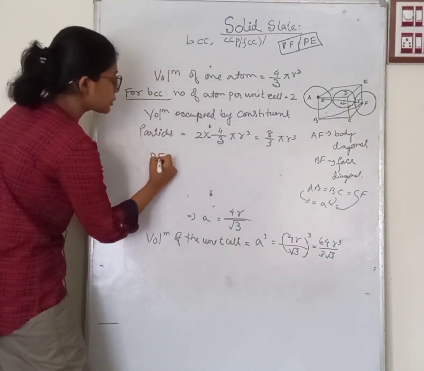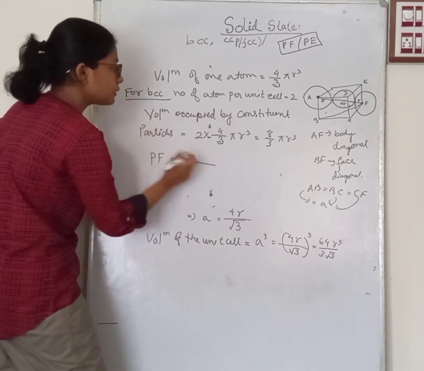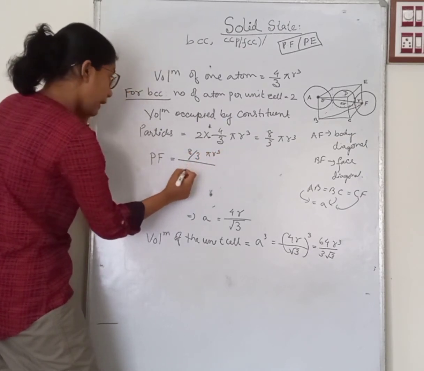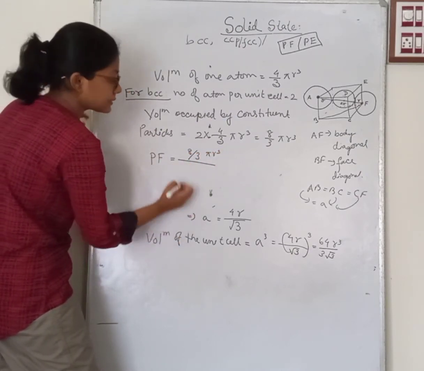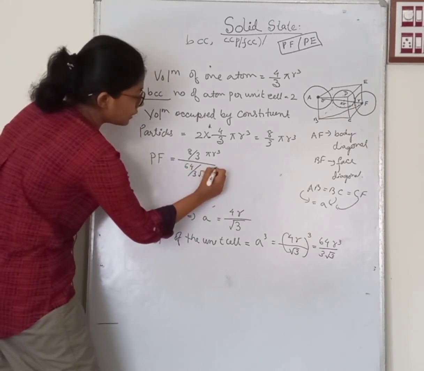Therefore, packing fraction is equal to the volume occupied by constituent particles, 8 by 3 pi r cube, divided by the volume of the unit cell, which is 64 by 3 root 3 r cube.